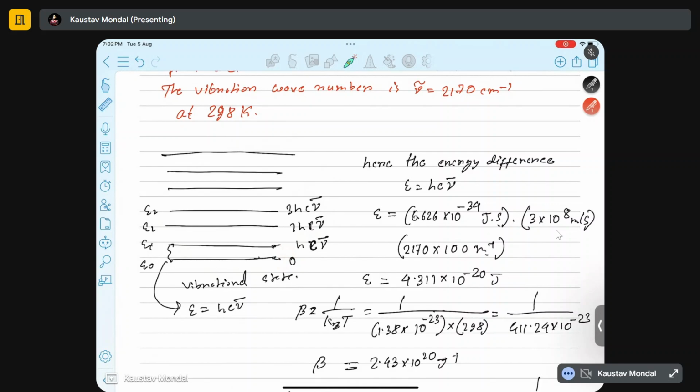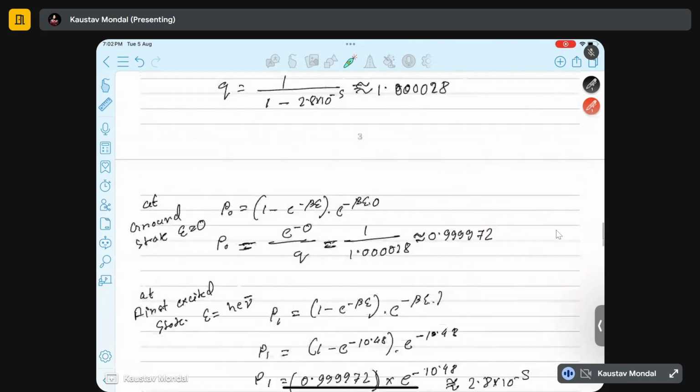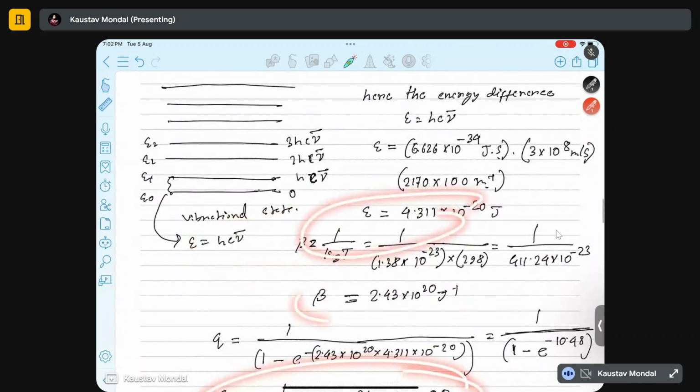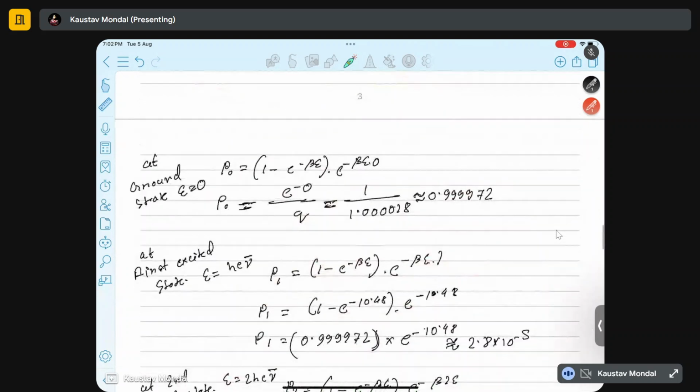From there we calculated the partition function, energy, and Boltzmann beta, and then the probability at the ground state, which gives P0 as 0.99972. This is the probability at the ground energy state.